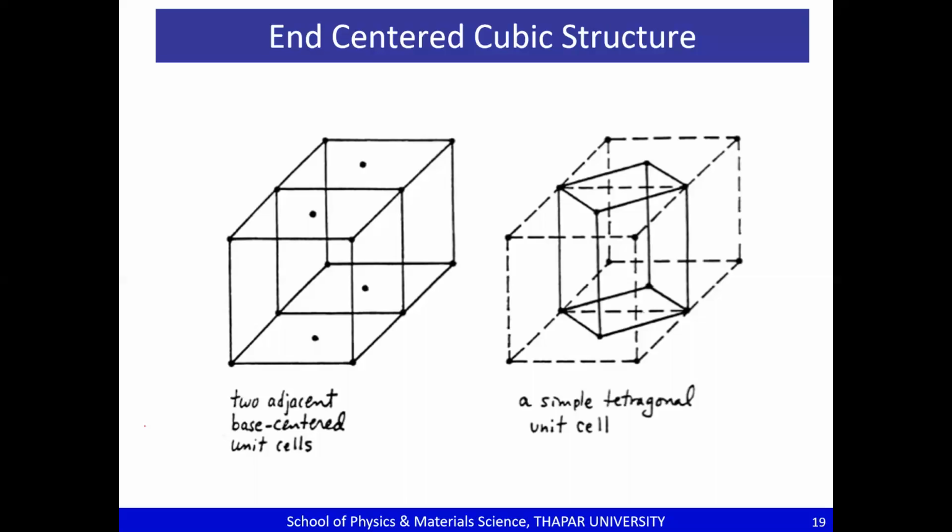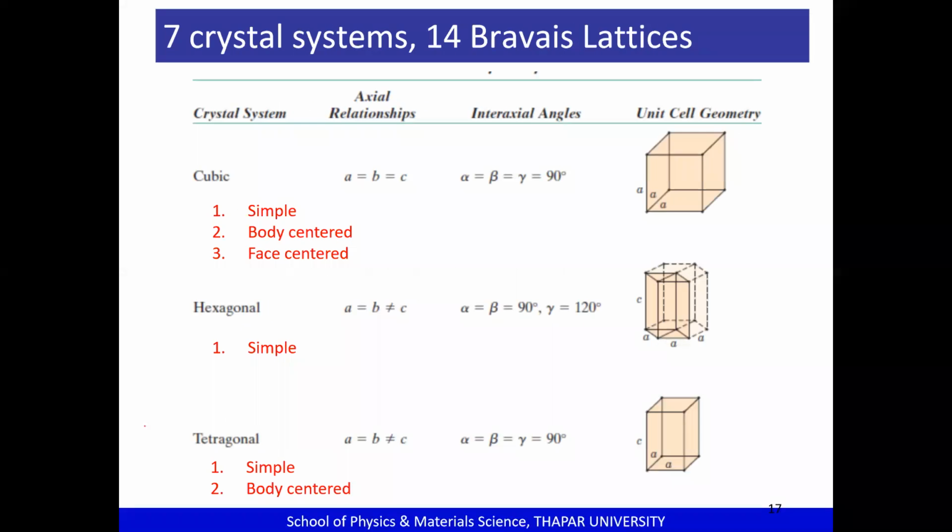And now it is clear to you why, in the list of Bravais lattices for a cubic geometry, the fourth one, which is end-centered cubic, is missing: because it is the same as the simple tetragonal.